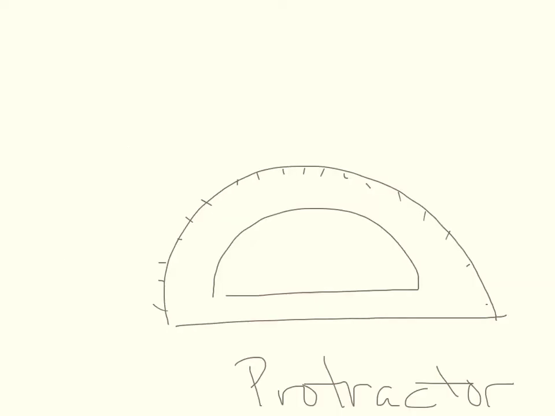So let's say that there is an angle right here. The angle is a right angle for our first example. Perfectly square, perpendicular, top and the side line. Now, what we would do is we would pick up our protractor and lay the bottom side of the protractor, this side right here, with the bottom of this.